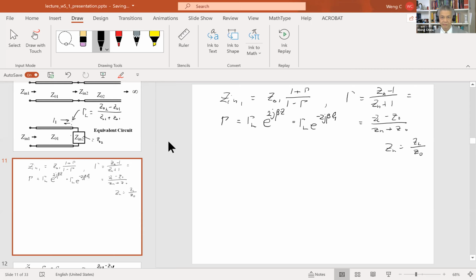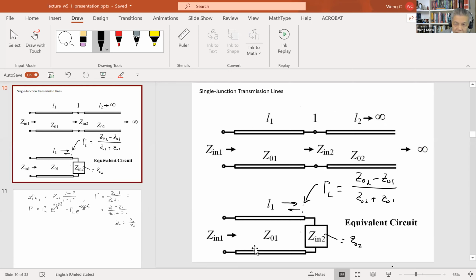So we always use the formula in this manner. And then Zn2, if you were to look at Zn2 in the previous slide, what should it be?